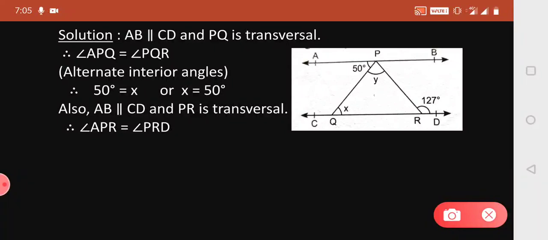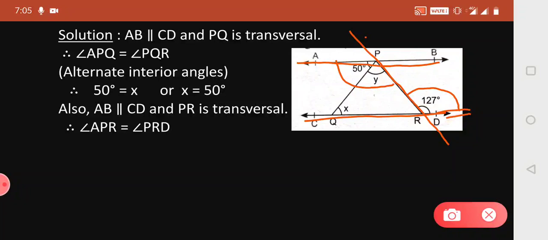So we have selected AB parallel to CD, and now we have selected PR as the transversal. So we get angle APR, this whole angle APR is equal to angle PRD, which is already given as 127 degree. These both angles will be equal because they are pair of alternate interior angles.